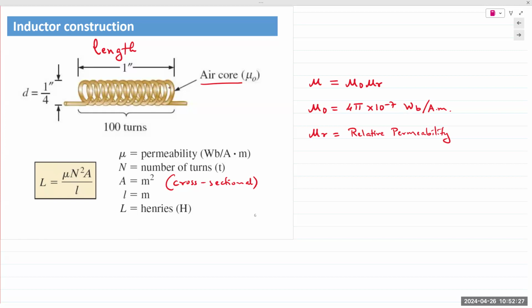It defines basically the ease with which you can establish magnetic flux lines through a material. Now, if you take a look, the coil is made out of a conducting piece of wire. Okay, we'll take a pause while everyone writes it down.